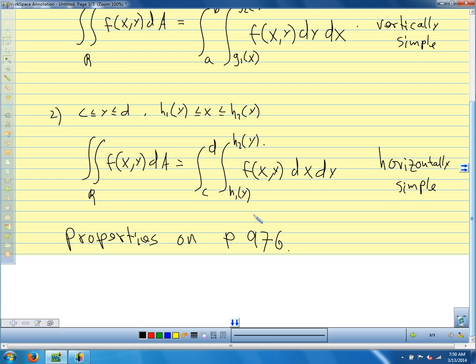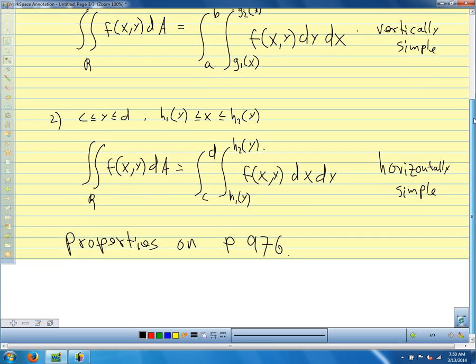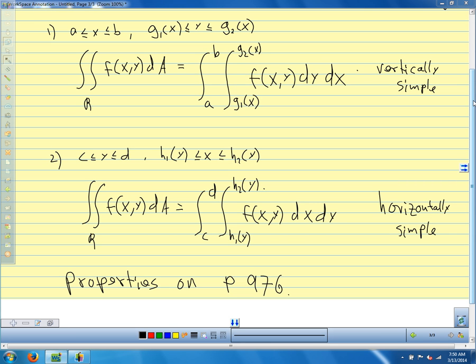Be aware that you may be asked questions about double integrals, about volumes, in a number of different ways. The question might ask you to evaluate this double integral of f of x, y, dA. And you need to realize that what that's asking you is to do this iterated integral and find your region in the xy plane.